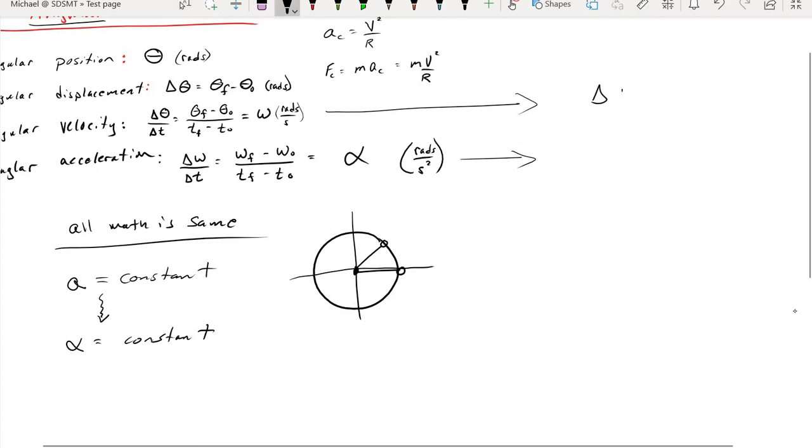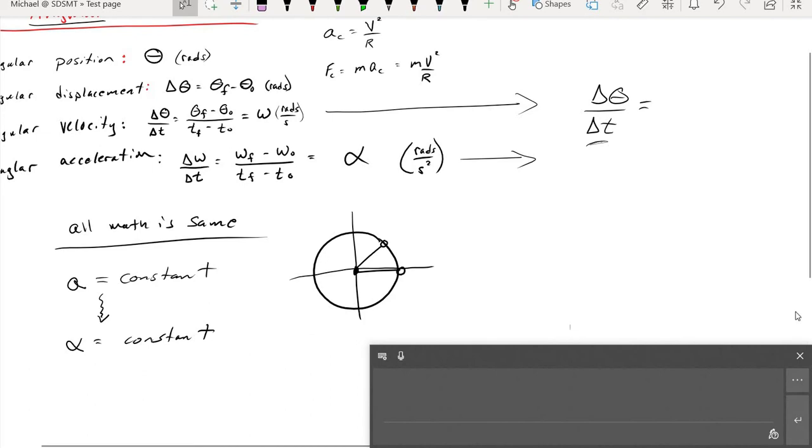The first one for angular velocity says that a change in position with respect to time equals angular velocity. Okay, but how big is that time interval? If we're using a large time interval, there's a lot that can happen and there's a lot that can change.